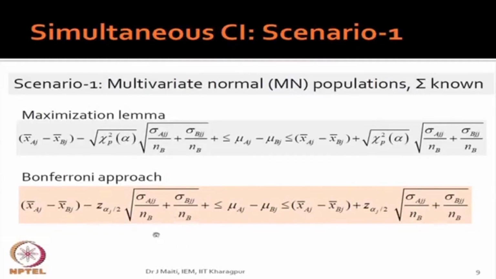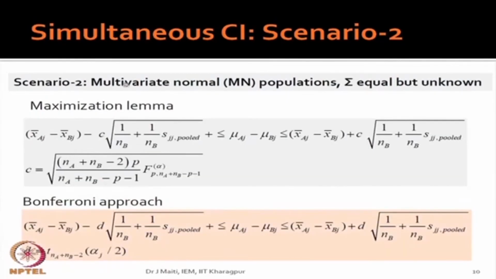Now see, between the maximization lemma and the Bonferroni approach, the difference is chi square and z. Then the second one, the unequal and unknown covariance case, here you use this F distribution, available in Johnson and Wichern, you do not need to write it.